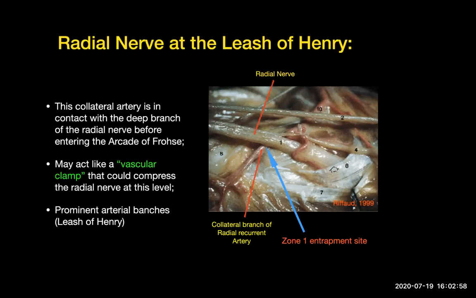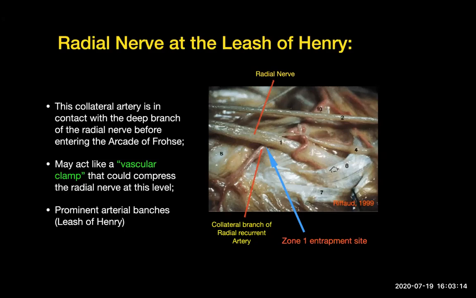When you move a little proximal to that, the deep branch, we call the arterial branches of the recurrent branch of the radial artery, is located.